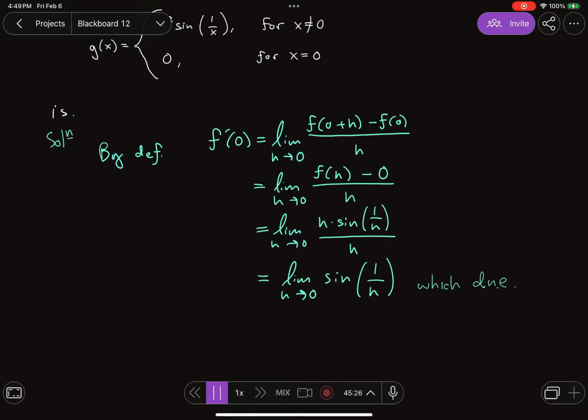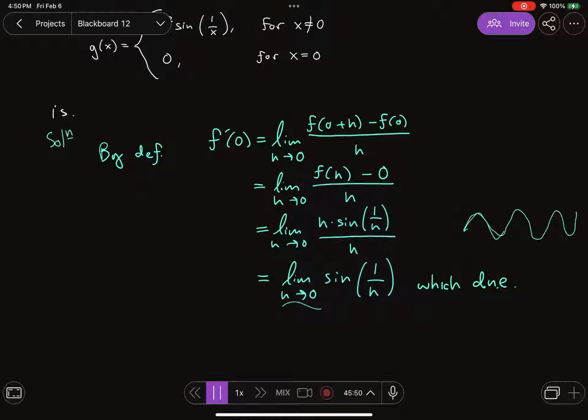To illustrate why this does not exist, we would be taking the sine of infinity in one direction and the sine of negative infinity in the other direction on both sides of 0. And sine itself never calms down. So sine's going to look like this. It's never going to settle into a limit. As h approaches 0 from the left, we have the sine pretty much of infinity, but the sine never settles down to some sort of limit value.